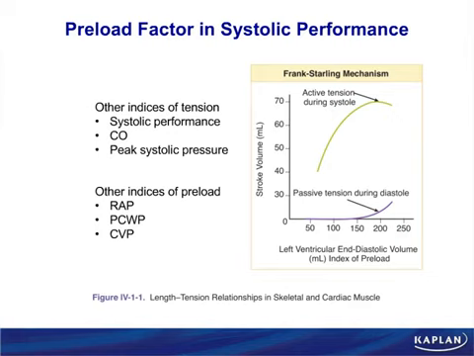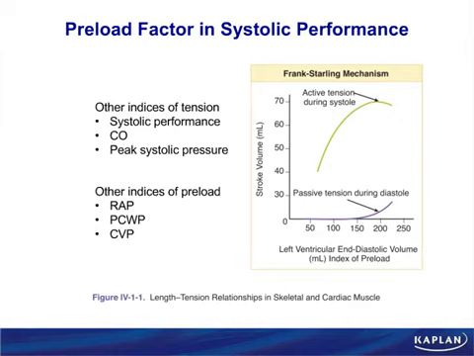And then, since it pressurizes, I could also use peak systolic pressure. So notice, on the x-axis, preload, we have a lot of indices we can use. The y-axis is just tension, but we don't put tension on there. We put a marker of tension: stroke volume, systolic performance, cardiac output, peak systolic pressure. All of these are viable. All of these are very viable for a y-axis.